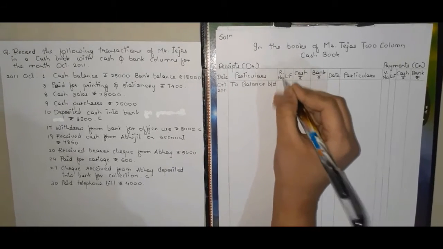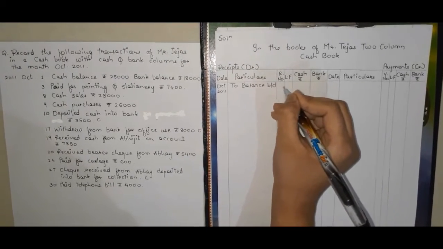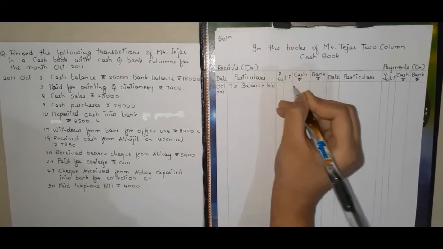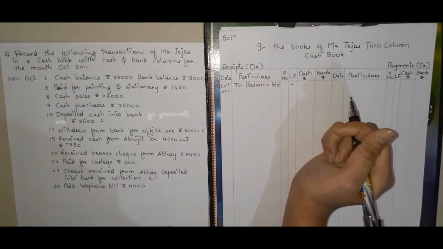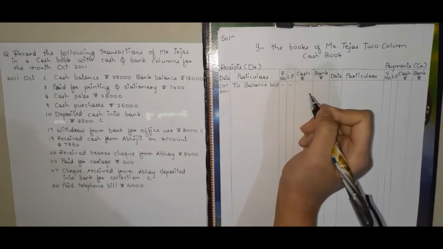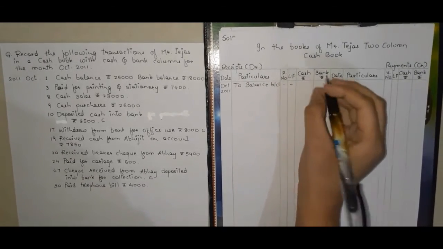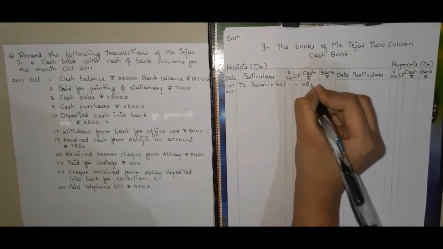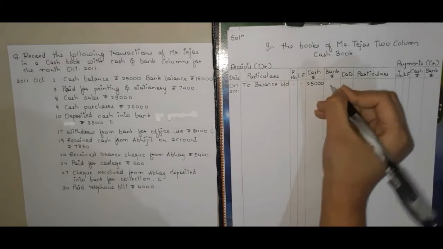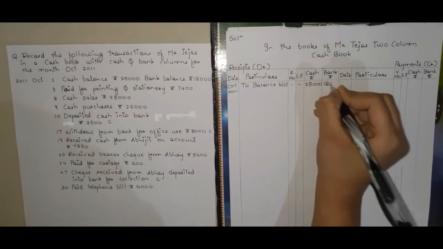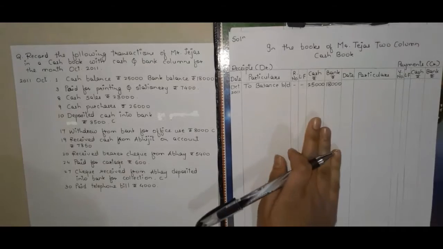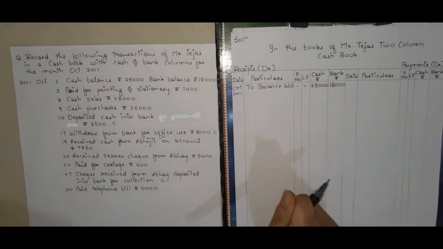No receipt number is given and no ledger folio number is given, so we will mark it as a dash, leave it blank, and the amount of cash balance is 25,000 and of the bank 18,000. So this is how we are going to record the first transaction.